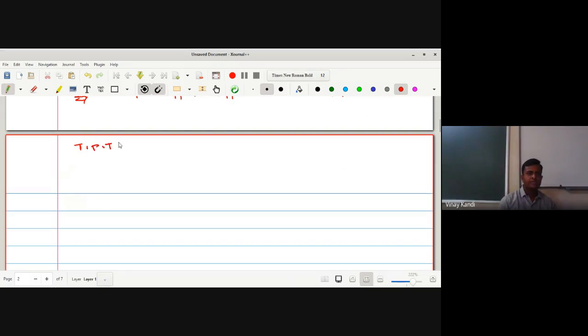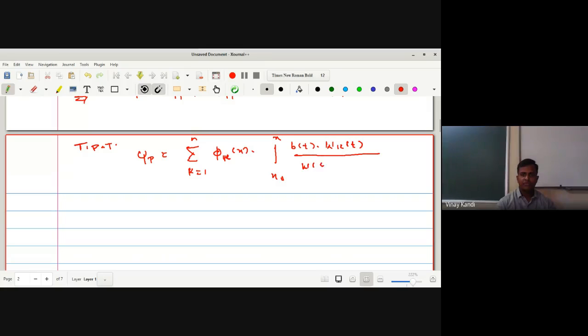Now, to prove that psi p is equal to summation k running from 1 to n of phi k of x into integration from x naught to x of W_k of t upon W of phi 1, phi 2, up to phi n of t into f(t) dt.